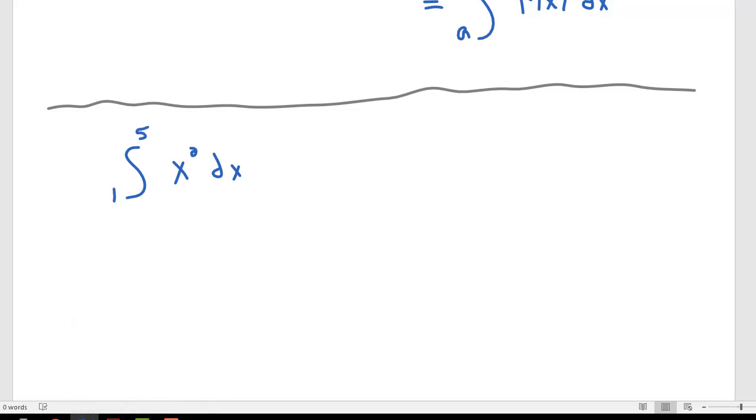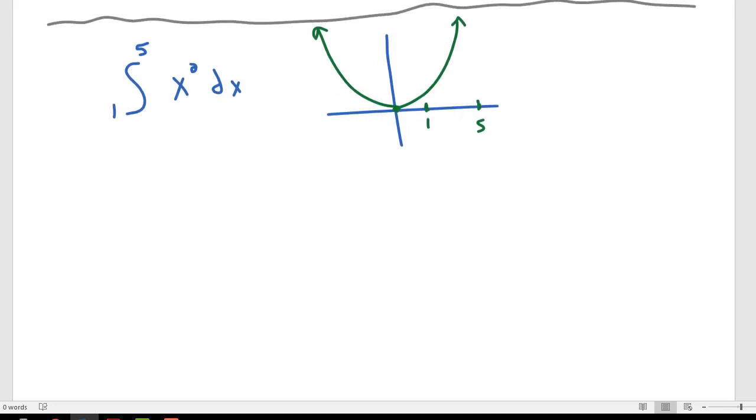So visually speaking, we are looking at f of x equals x squared. And let's say, here's the graph, y equals x squared. Rough sketch, right? There's my parabola. And we're going from here's 1, let's say, out to 5. And we want to estimate the area under that curve. So we're going to use left endpoints, right endpoints, and midpoints.